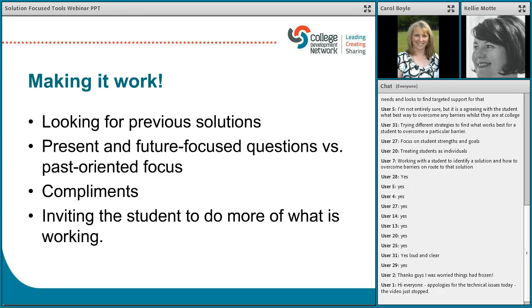And finally, inviting the person to do more of what is working. You might invite the person to do more of what has previously worked, or to try changes they have brought up which they would like to try.